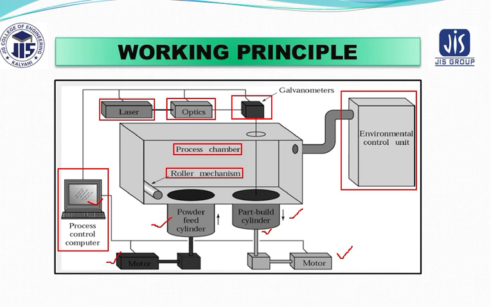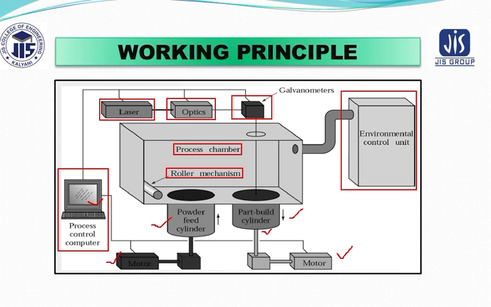As I was saying, the basic elements in this process have been shown in this figure. If you look at the bottom of the processing chamber, it is equipped with two cylinders. One is the powder feed cylinder, and the other is the part build cylinder.